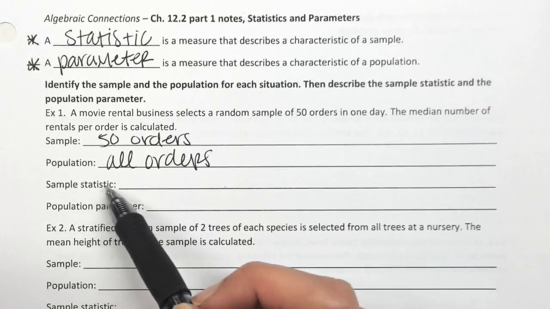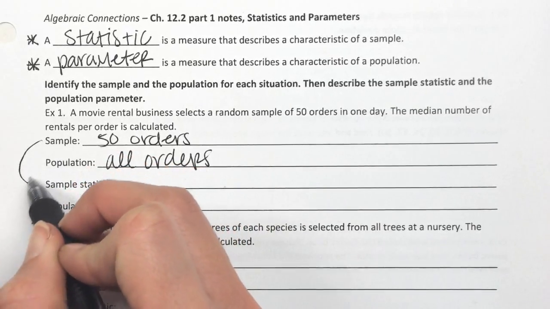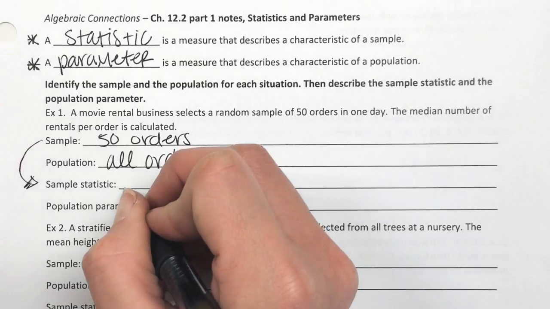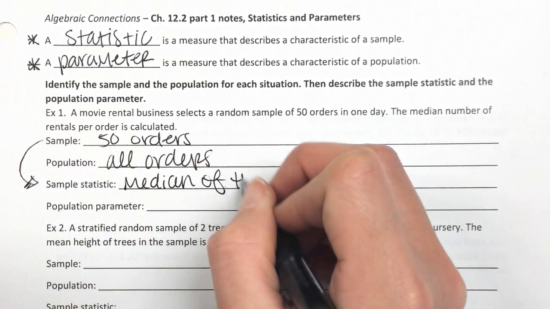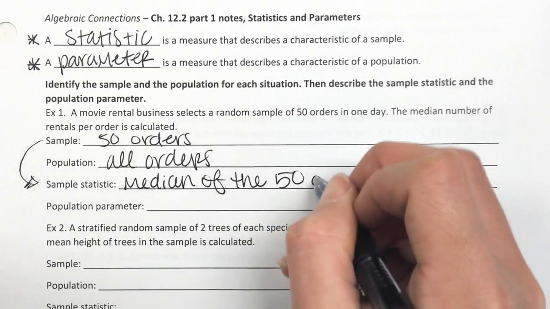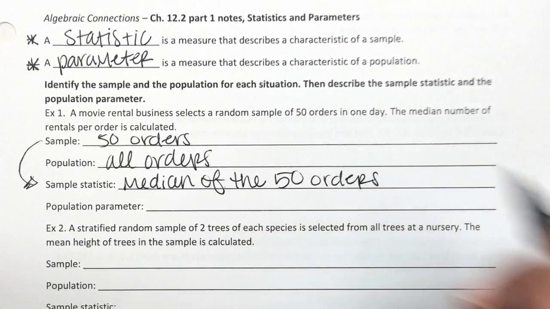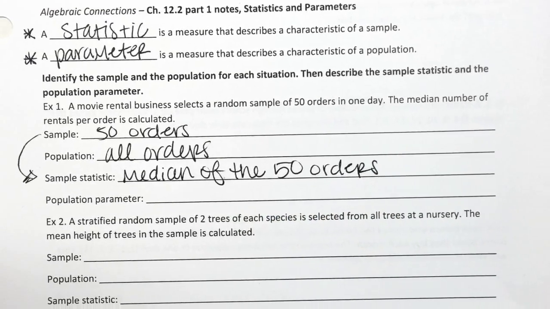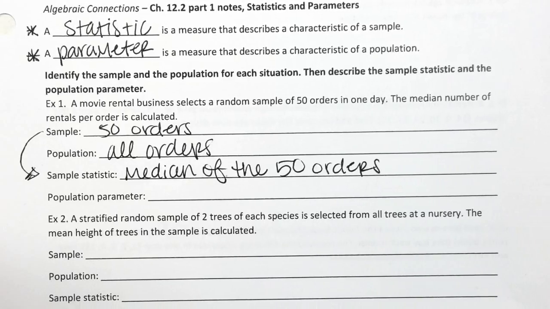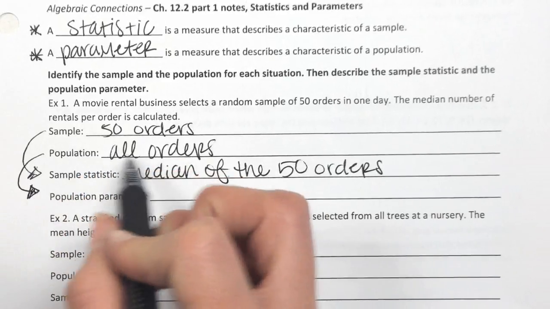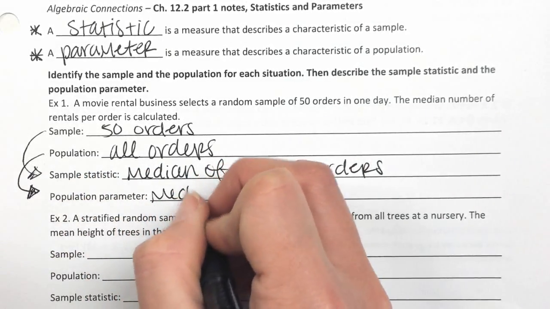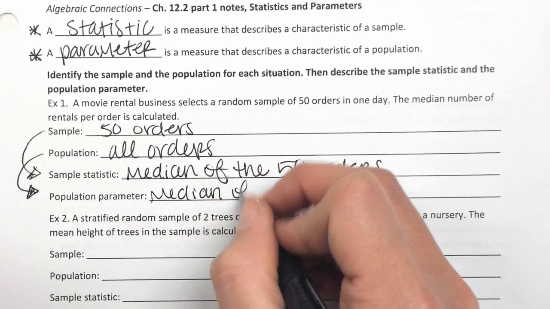So the sample statistic is going to be talking about this sample, and it would be the median of the 50 orders. And then the population parameter is going to be talking about the population, so it'll be the median of all the orders.